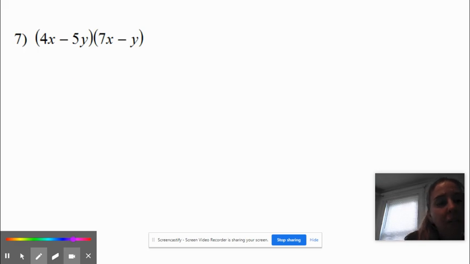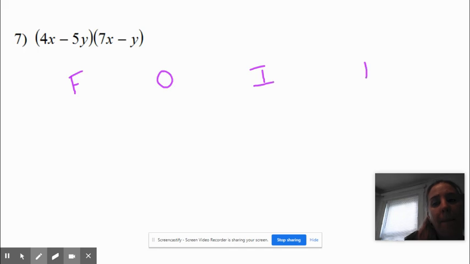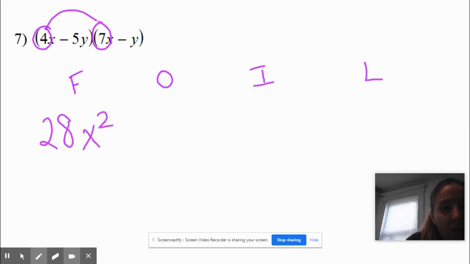All right, here's another one. So 4x times 7x. Our first terms. 4 times 7 is 28. X times x is x squared. Cool. Our outer terms. Positive times negative is negative. 4 times 1 is 4.